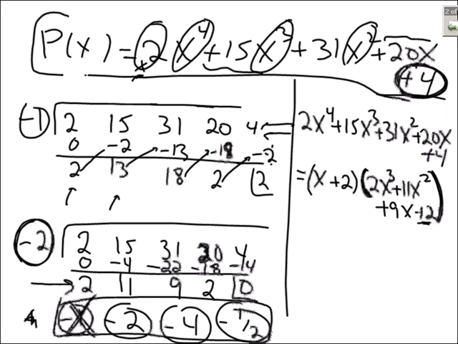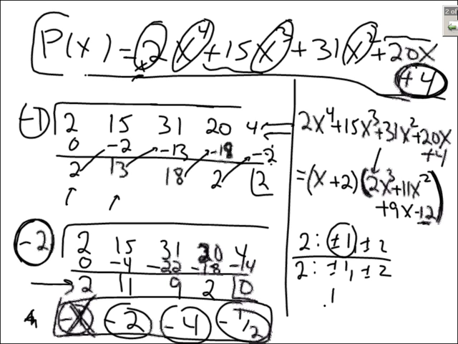Well, numbers that go into 2 are plus minus 1 and plus minus 2, and numbers that go into 2 are plus minus 1, plus minus 2. If I take 1 and divide by the numbers on the bottom, I get plus minus 1 and plus minus a half.